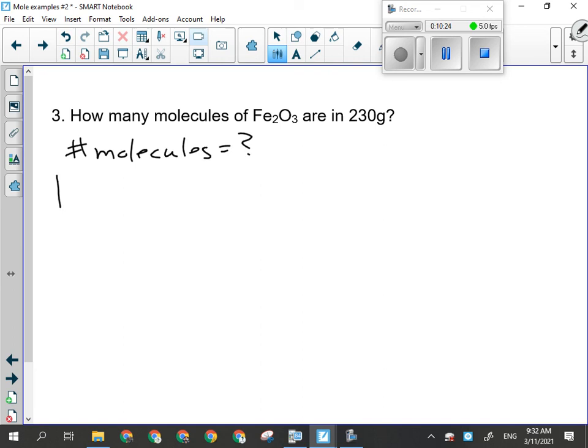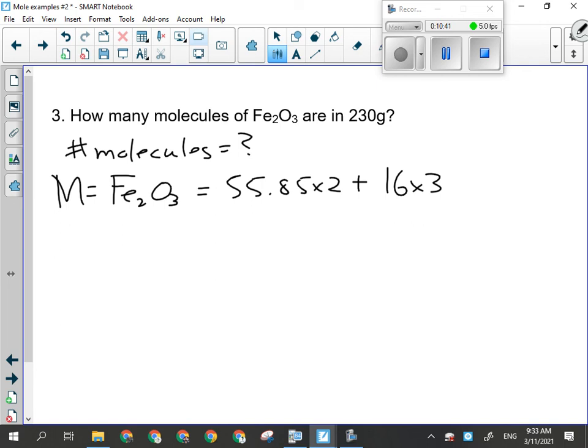They do tell us the material. It's iron(III) oxide, so we've got Fe2O3. So that's going to be 55.85 times 2, there's our 2 irons, plus 16 times 3, our 3 oxygens.